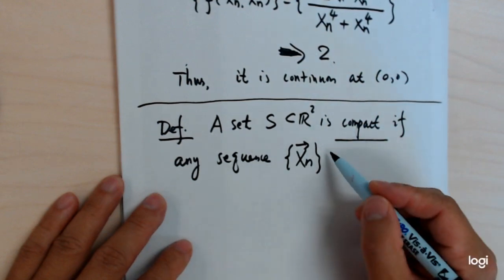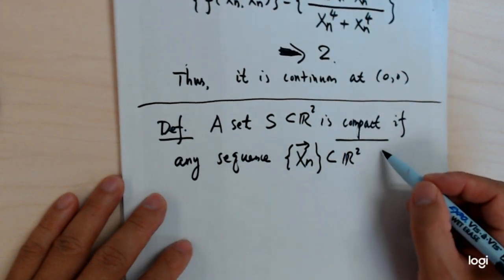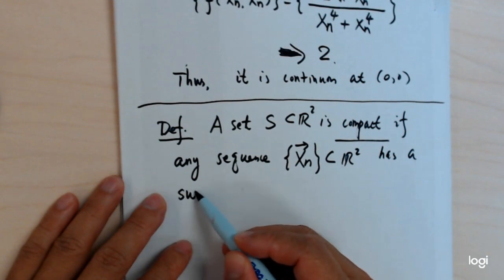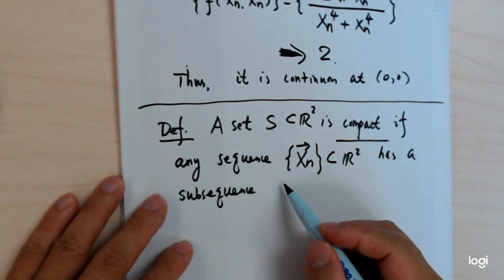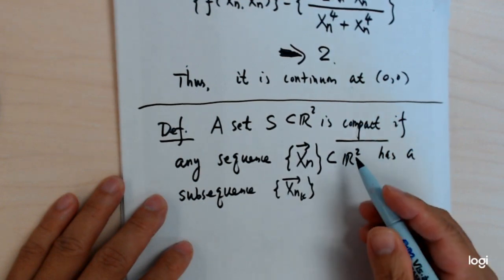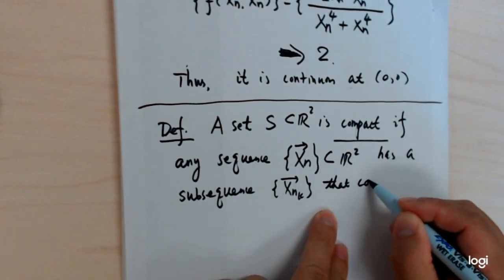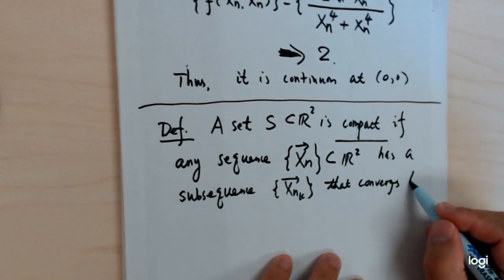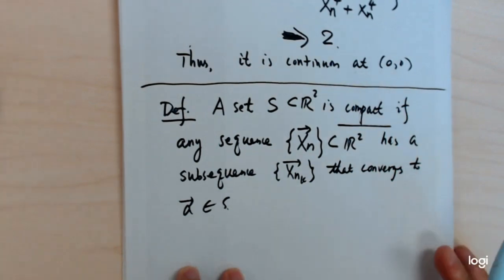So for any sequence in R2, if any sequence has a subsequence that actually converges to a single point in S.